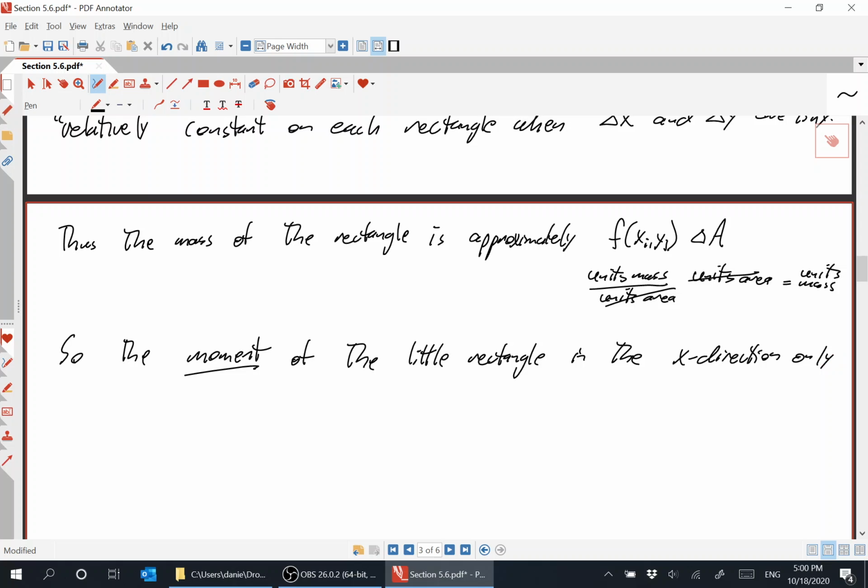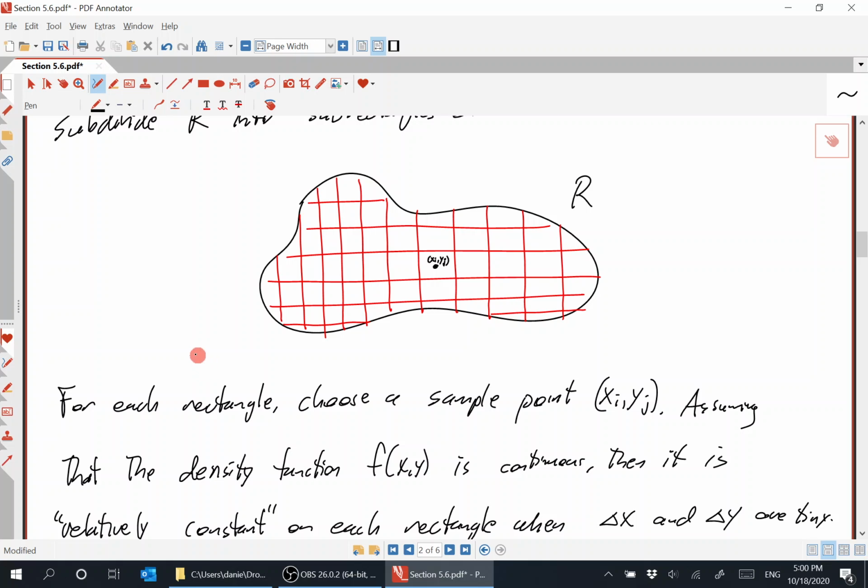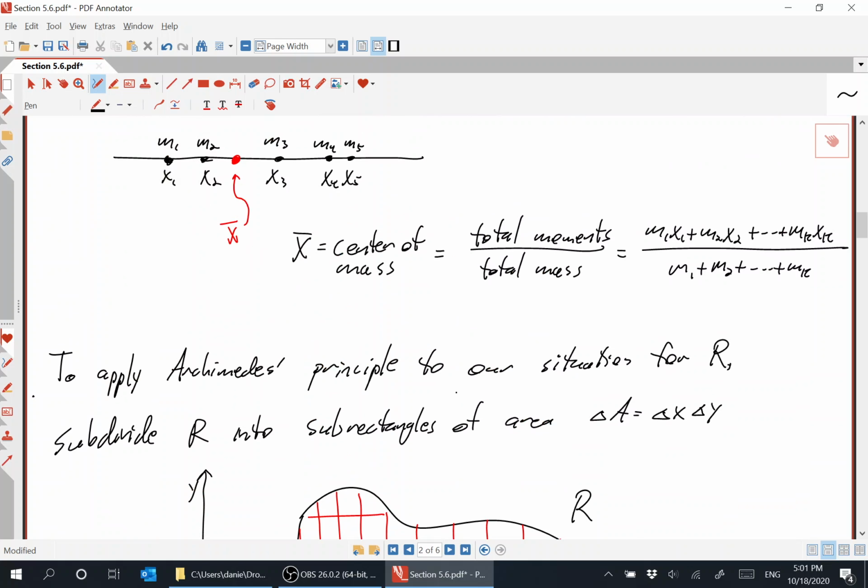So we're talking about the moment, which is mass times coordinate, in just the x direction only, is approximately mass times x coordinate, which is equal to x_i f(x_i, y_j) delta A. It's just the x coordinate times the mass, and the x coordinate is just x_i. So we're just taking the moments in the x direction on the x-axis. Forgetting about the y direction for a moment, we'll do that separately. Archimedes' lever law is just for stuff along an x-axis.